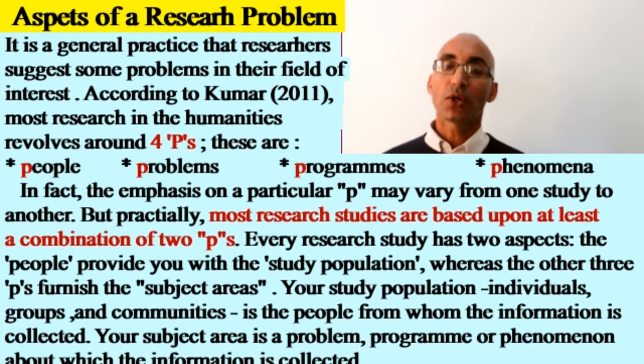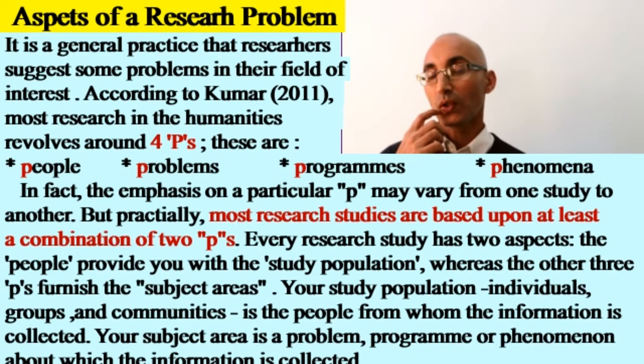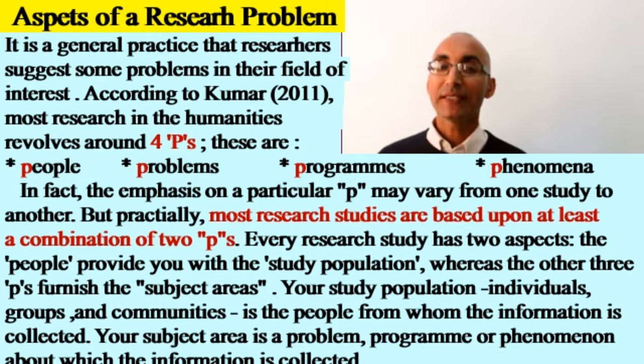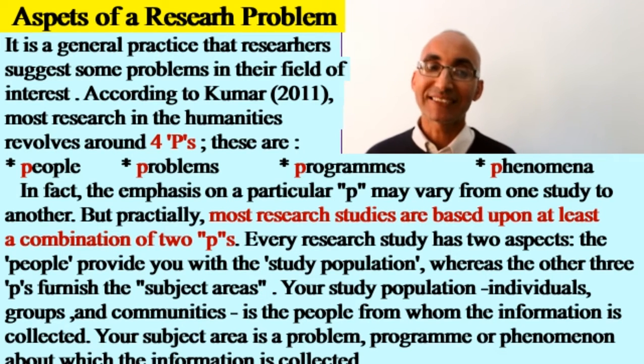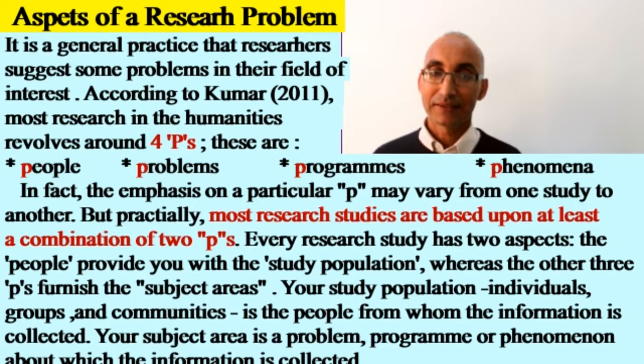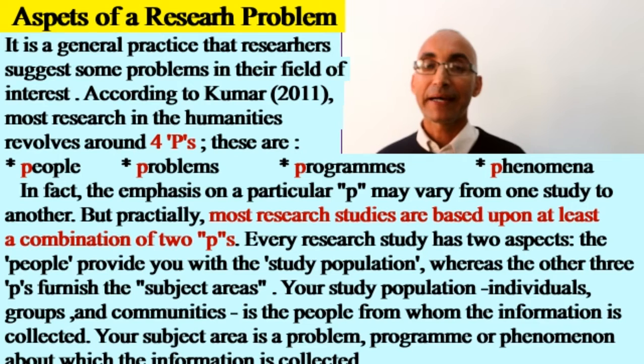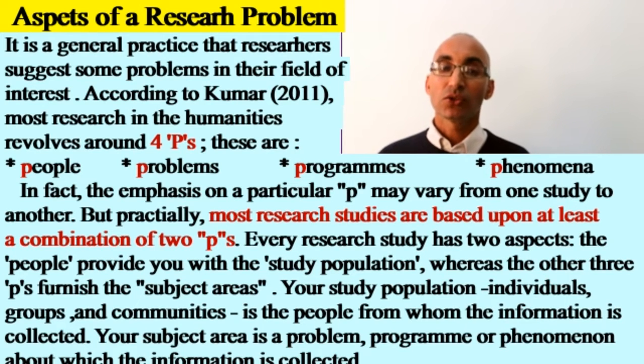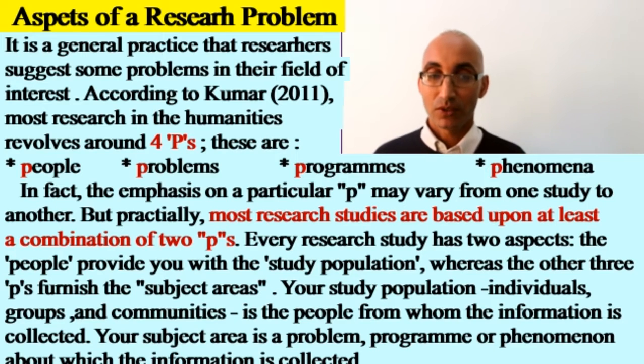Now, usually researchers, when they look for a problem, they always look for it within the realm of their field of study. Clear? So, they always try to pick a problem that is relevant to their context, scientific context, or field of study.